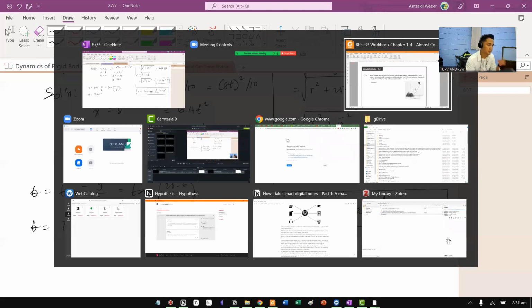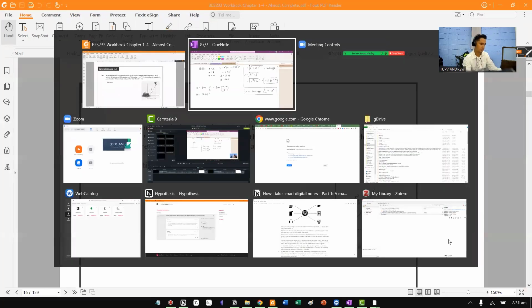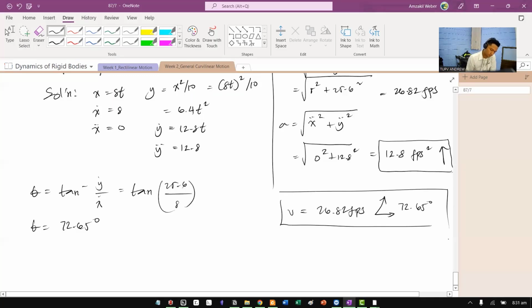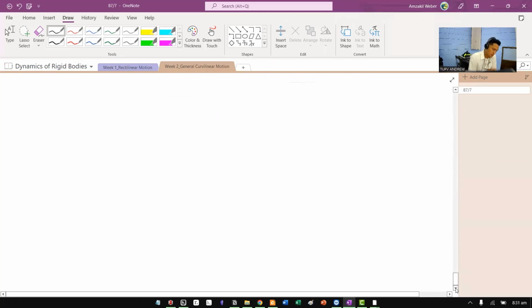Let's check. You can also see that the balloon's path is parabolic, given the path y equals x squared divided by 10. But at that point, it's 2 seconds. It is a parabola.